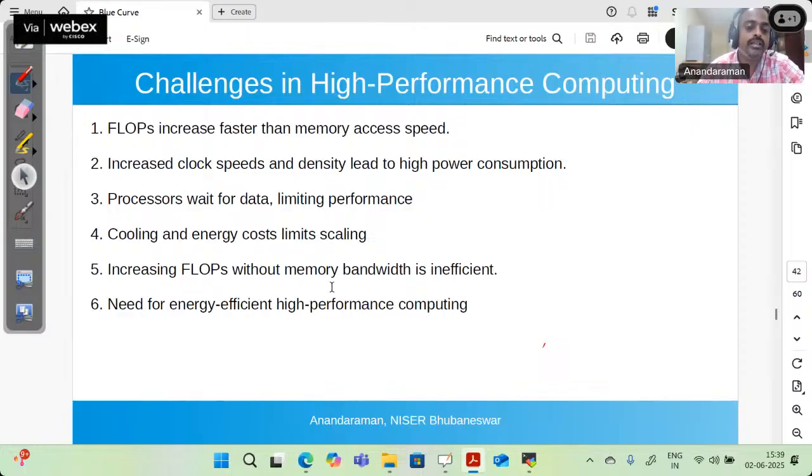Even the CPU may melt, that much heat is generated. Cooling and energy loss is a big challenge. Memory bandwidth is a big challenge, which is why DDR4 and DDR5 are increasing memory bandwidth. There is a need for energy efficient high performance computing.